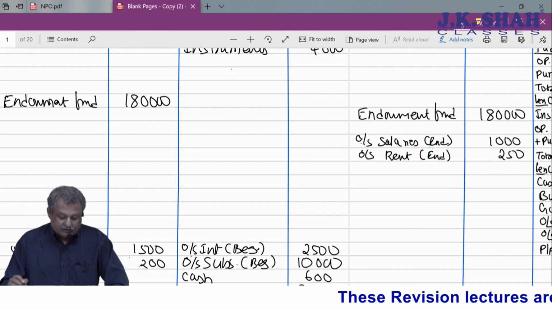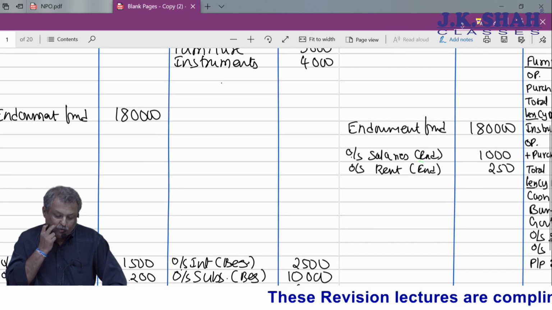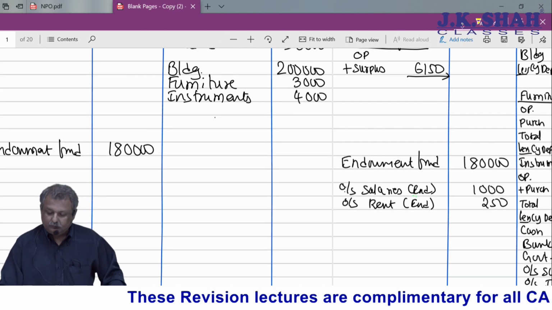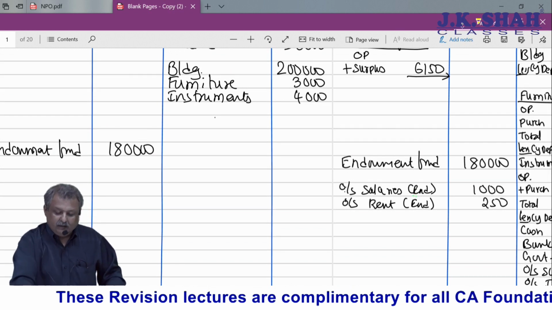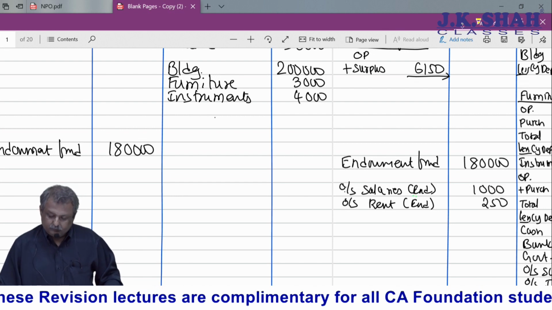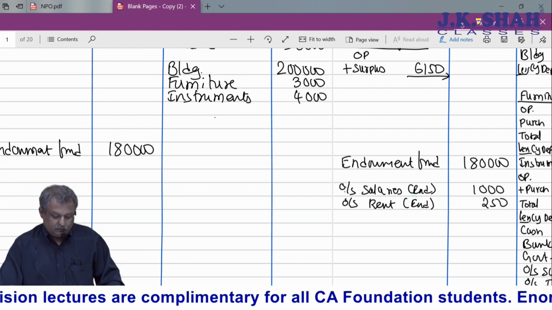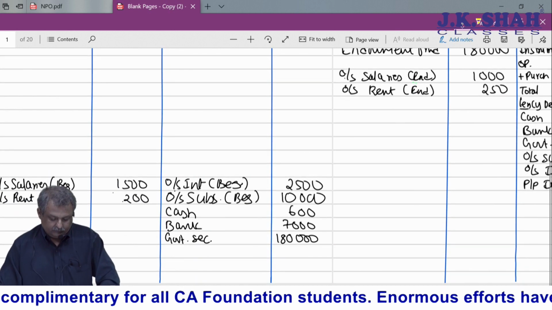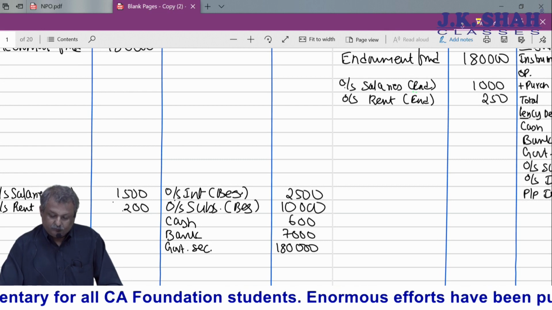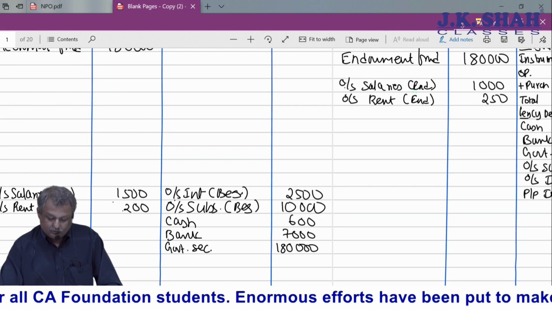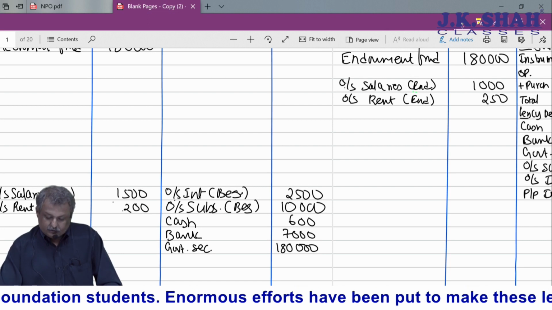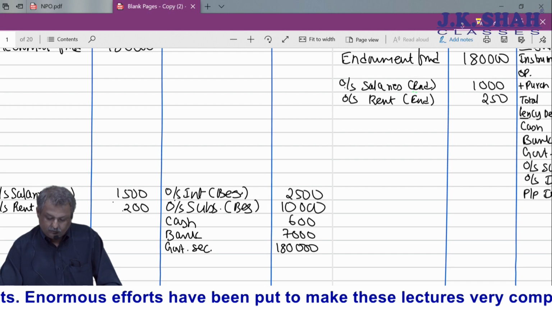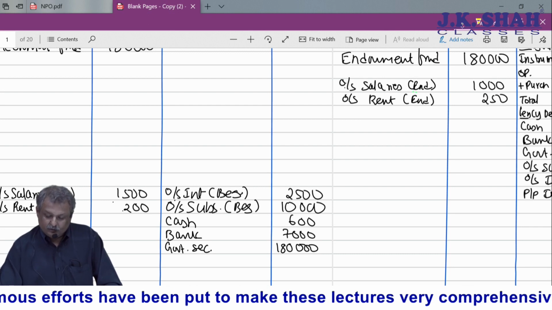Now since we have considered all items, let us take the totals. First, opening balance sheet. 2 lakhs plus 3,000 plus 4,000 plus 2,500 plus 10,000 plus 600 plus 7,000 plus 1,80,000.